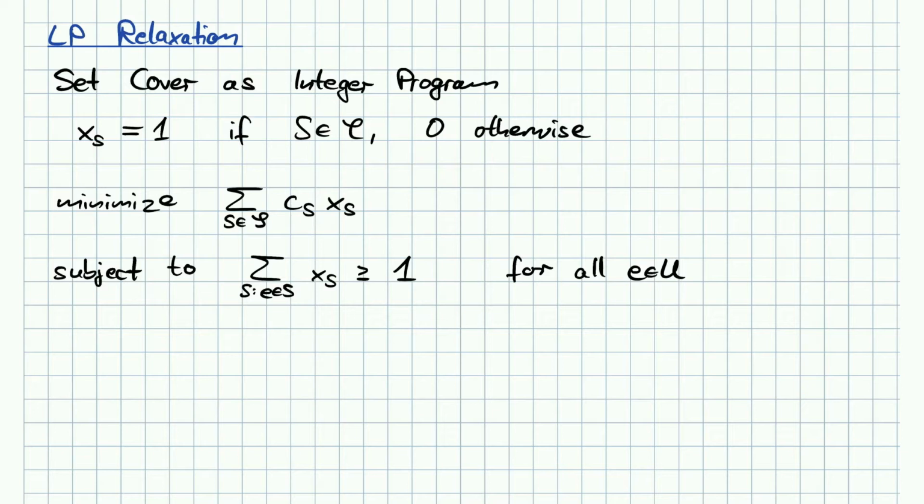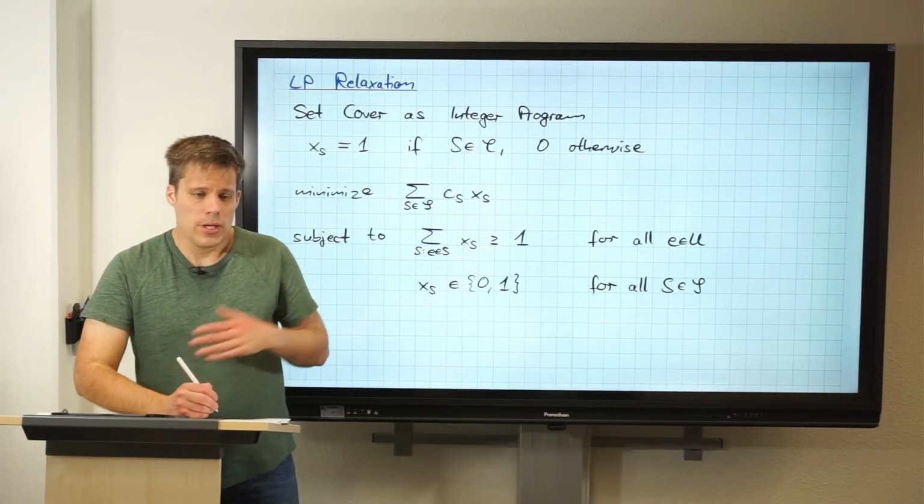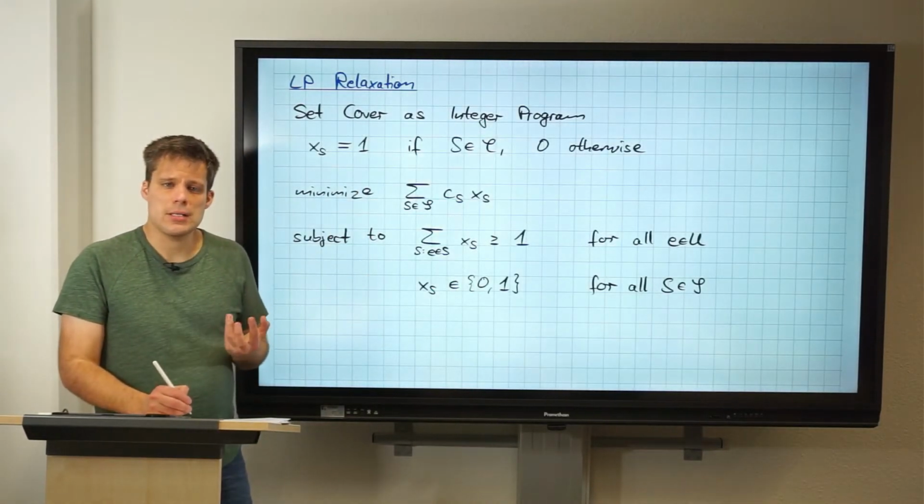So once again, for every element, we ask which sets cover this element, and we just add up all these XS variables, and this sum will have to be at least 1. And also we'll say that XS, of course, should be 0 or 1 for every set. Good. This problem is nothing but the standard set cover problem.